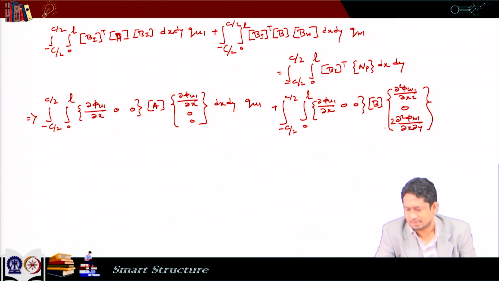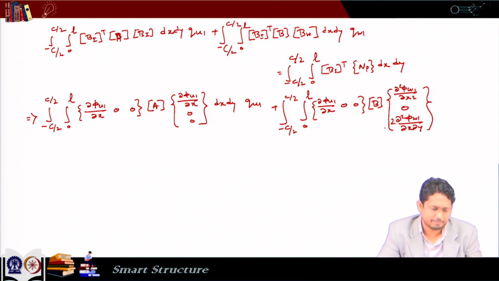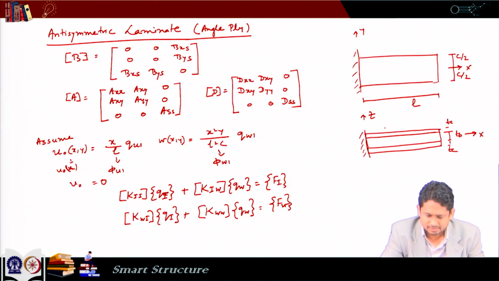Now, please understand, if we look at the approximation for w, this phi w1, if we differentiate it twice with respect to x, there is a non-zero derivative. If we differentiate it twice with respect to y, there is a 0 derivative, and if we differentiate it with respect to x once and y once, again there is a non-zero derivative.